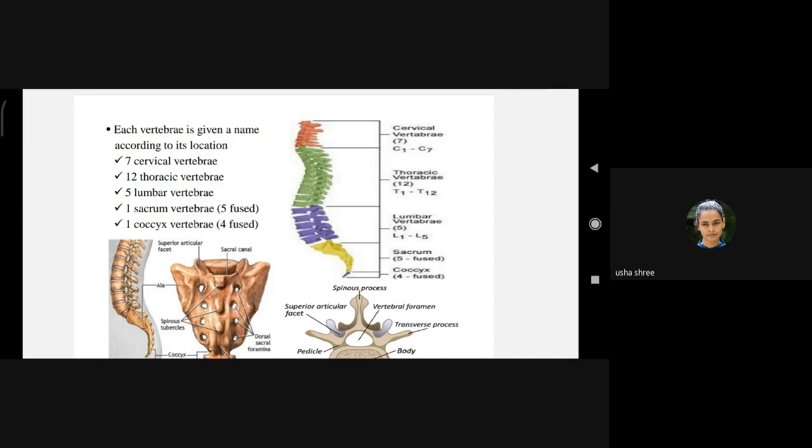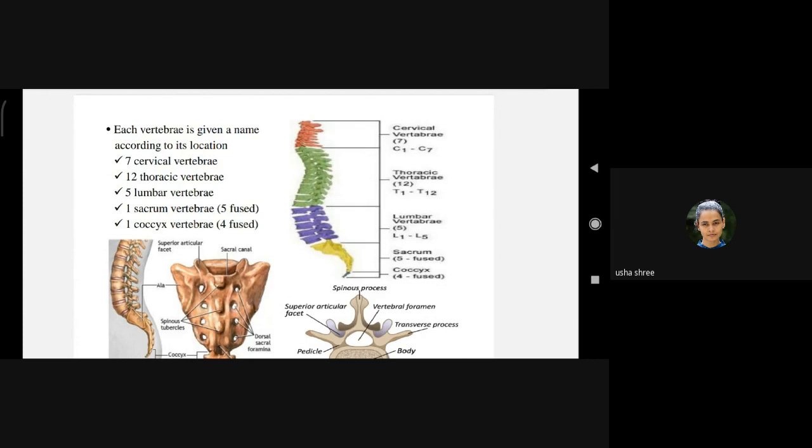So 7 cervical vertebrae are there in the cervical region. The cervical region is below our skull and on top of our thoracic region, means the neck area. On the neck area there are 7 vertebrae.